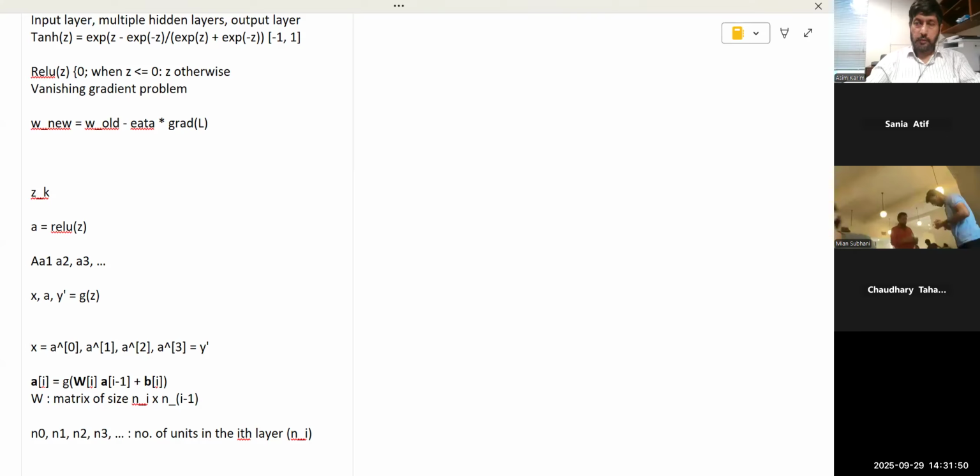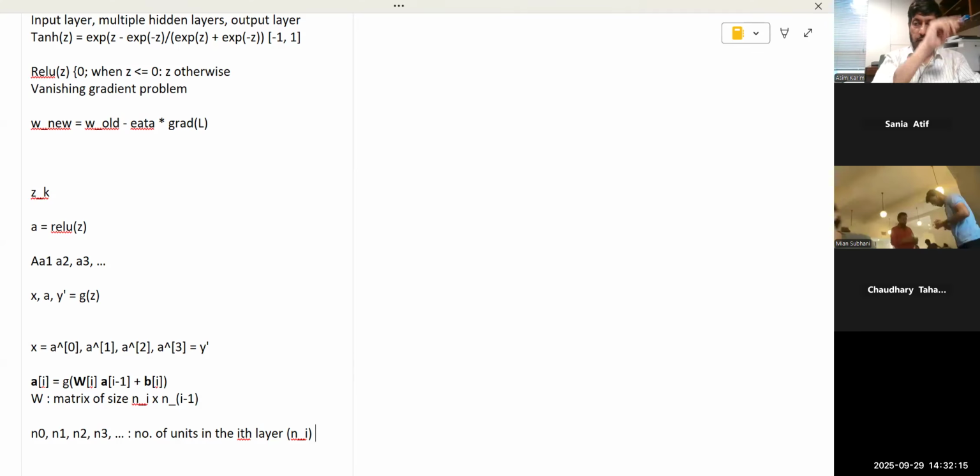So in other words, you can think of the matrix W as consisting of weight vectors for each of the units in the hidden layer or in the layer I. So let's say if you have 5 units in that layer, then it has 5 rows.